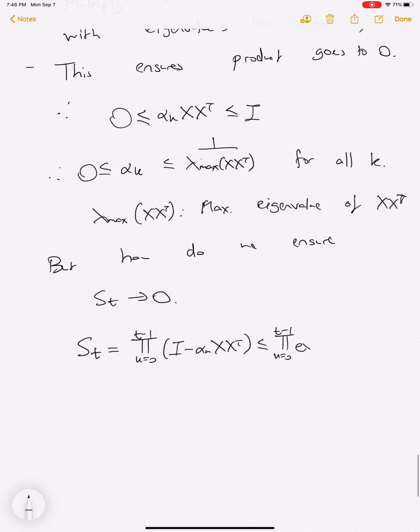And why this is nice is because that just tells you that st is less than the exponential, and because it's an exponential, we can bring the product inside the sum.